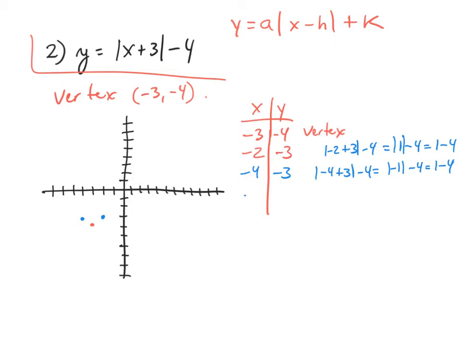If I pick -1, at -1, absolute value -1 plus 3 minus 4, that gives me the absolute value of 2 minus 4, or 2 minus 4, which is -2.